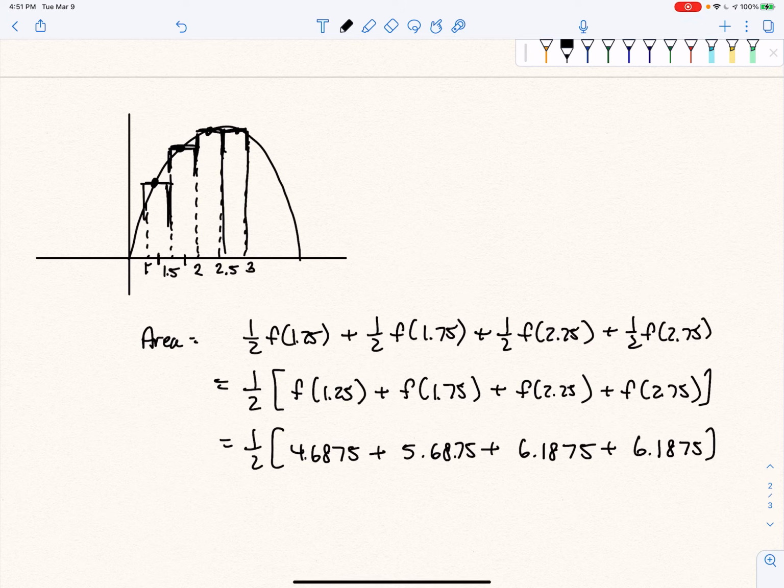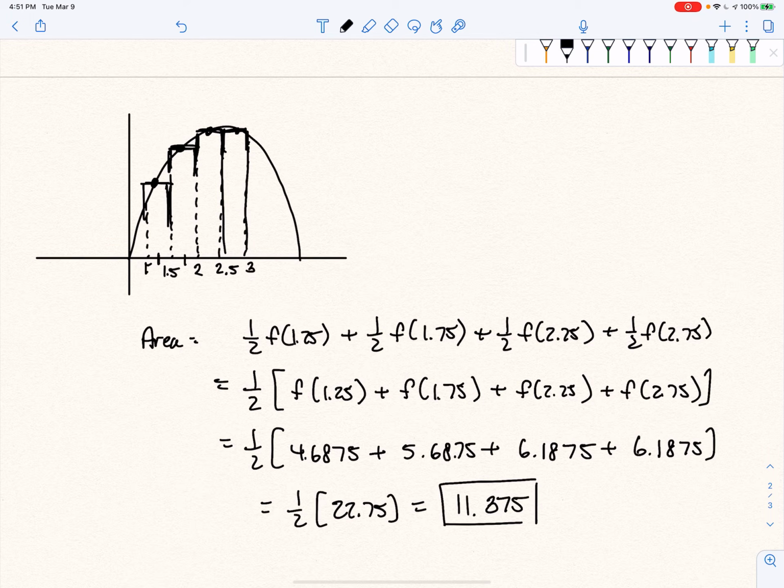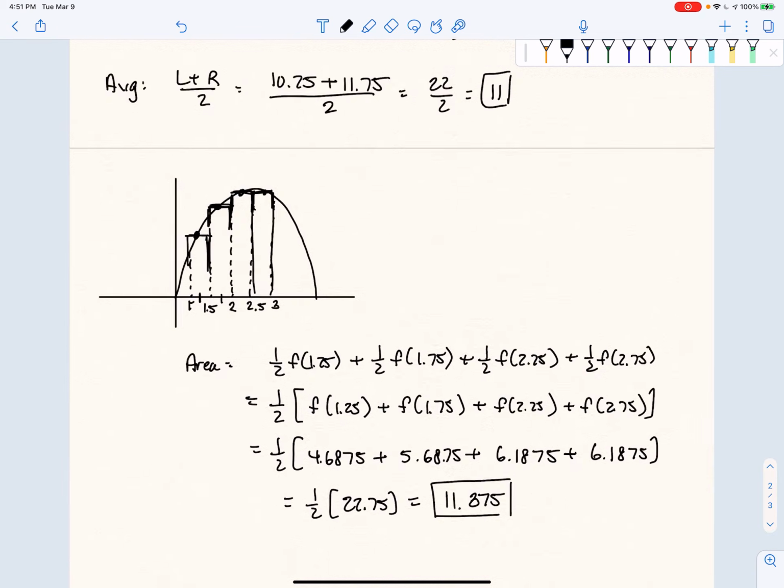So if we add those together, we get 1/2 of, let's see, 4.6875 plus 5.6875 plus 2 times the last one, since it showed up twice. Okay, so this is 22.75, and this turns out to be 11.375, so a little bit closer, at least presumably.